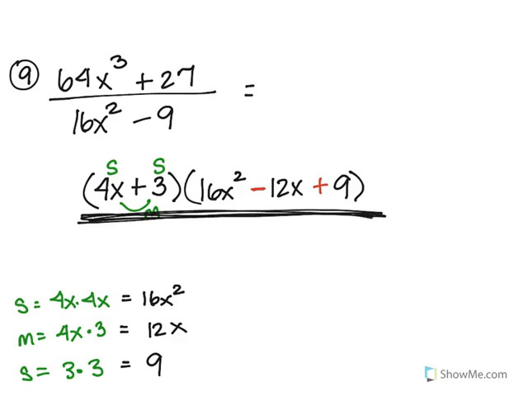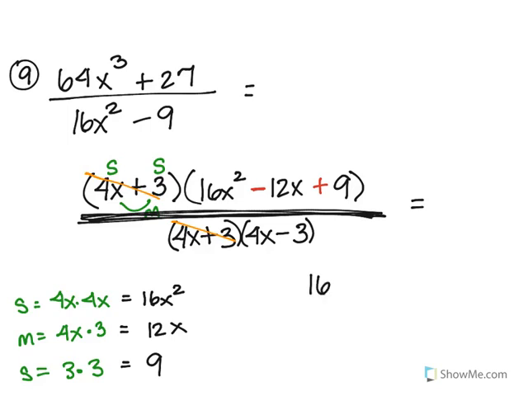Now let's do the factoring of the bottom, which is nothing but the difference of squares. So that factors into 4x and 4x at the front, 3 and 3 at the back, and one positive and one negative. That's the difference of squares. And so what cancels would be the 4x plus 3.